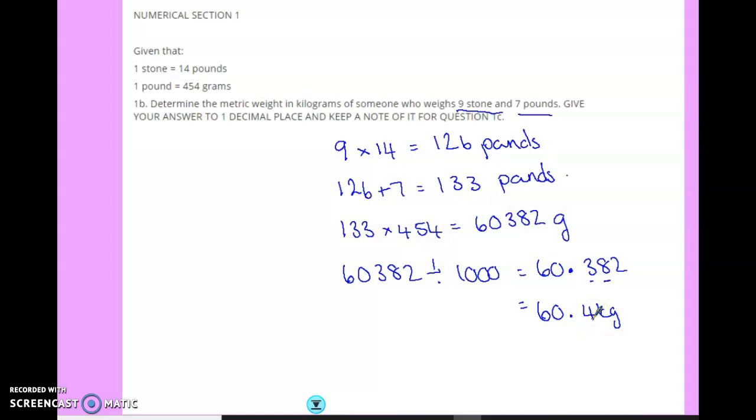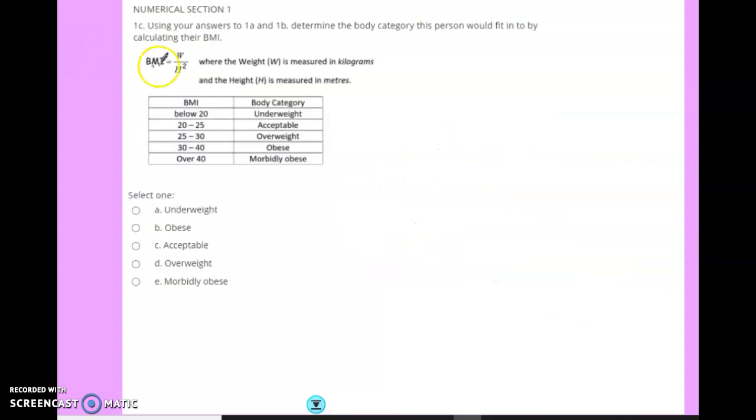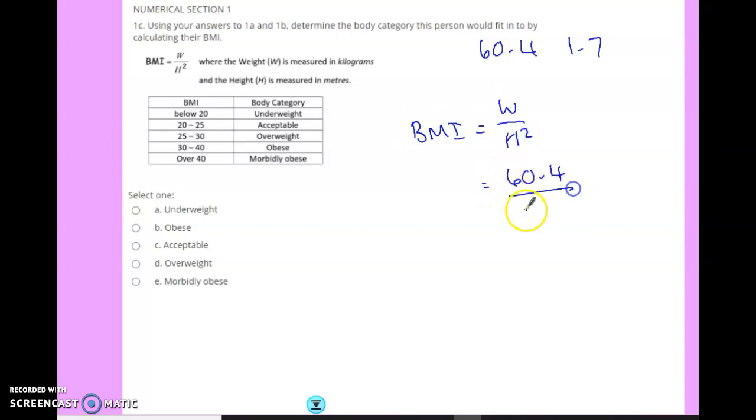Third part then, this is when I hope my memory's okay. Calculating the BMI, so 60.4 and 1.7. Write them down quick before I forget them. BMI is weight over height squared, so it's 60.4 divided by 1.7 squared.